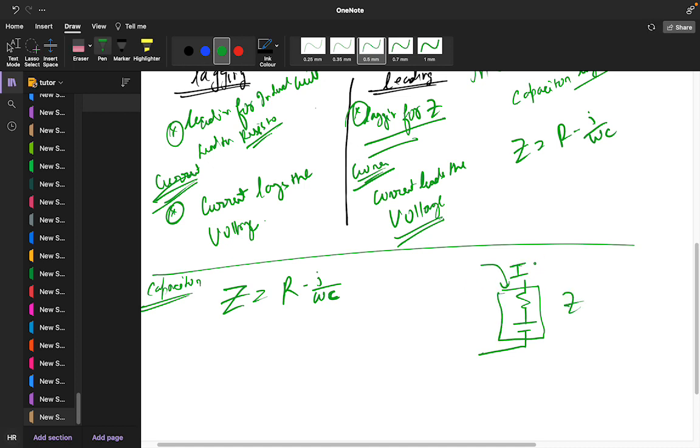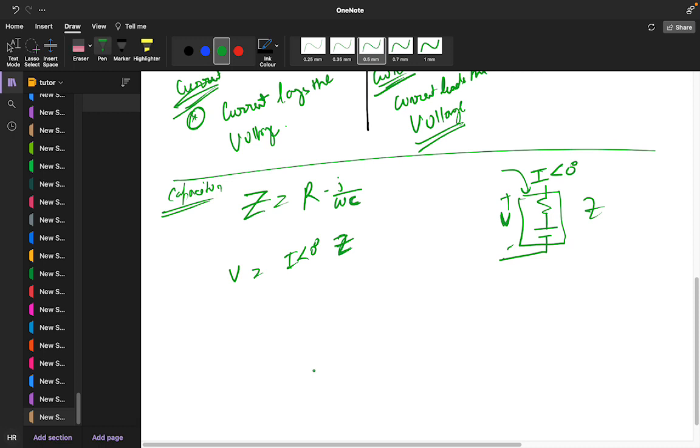Suppose you have taken I at an angle 0 degree, and this is your voltage. So V equals I at 0 degree into Z, right? V equals I into Z. Am I correct?